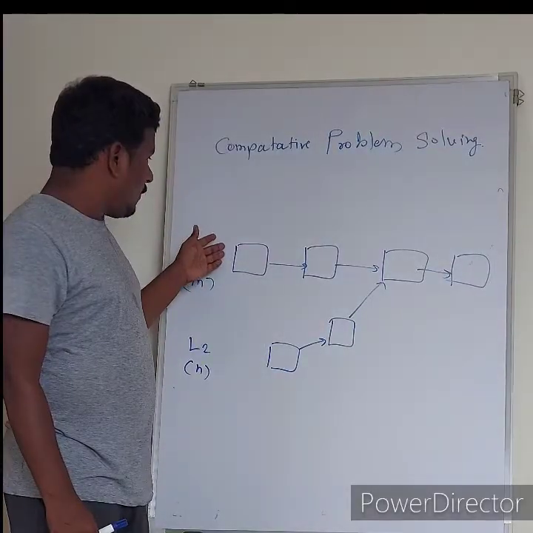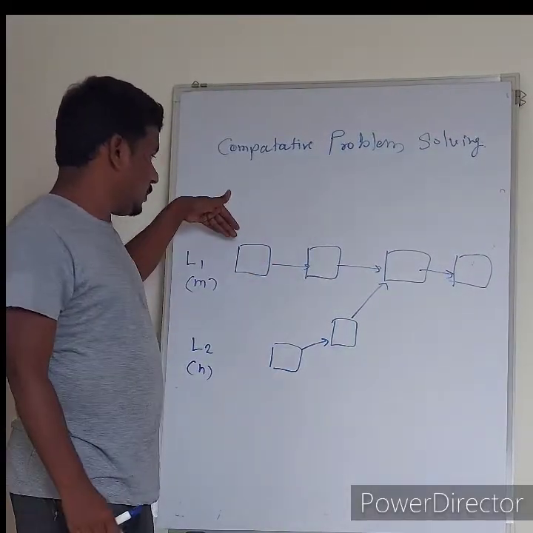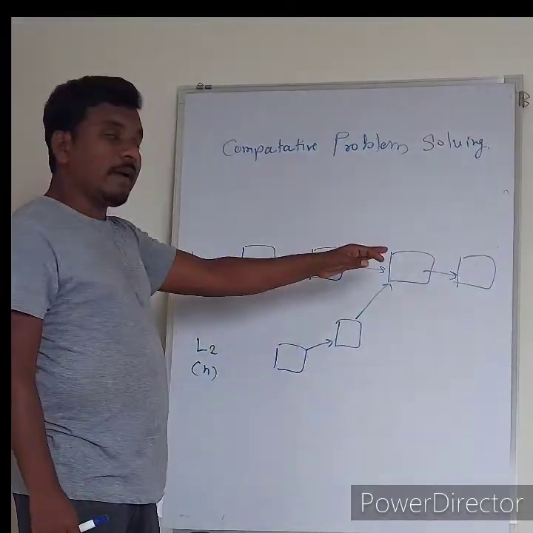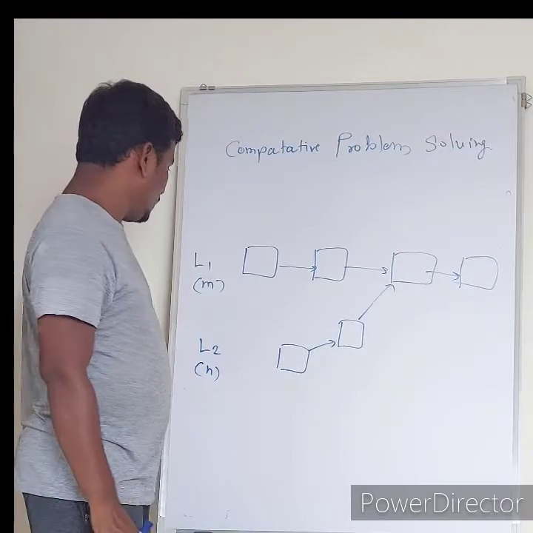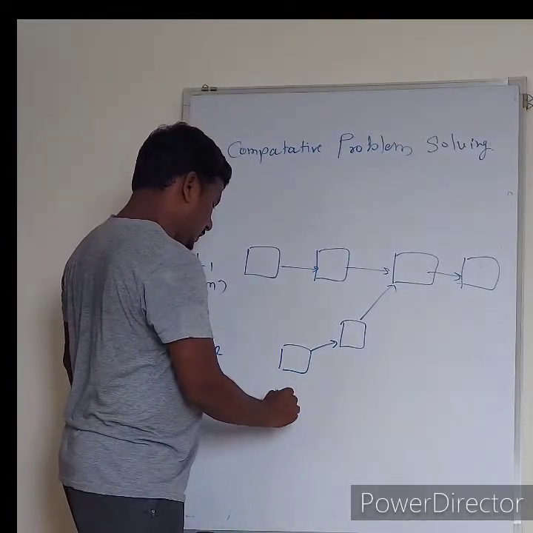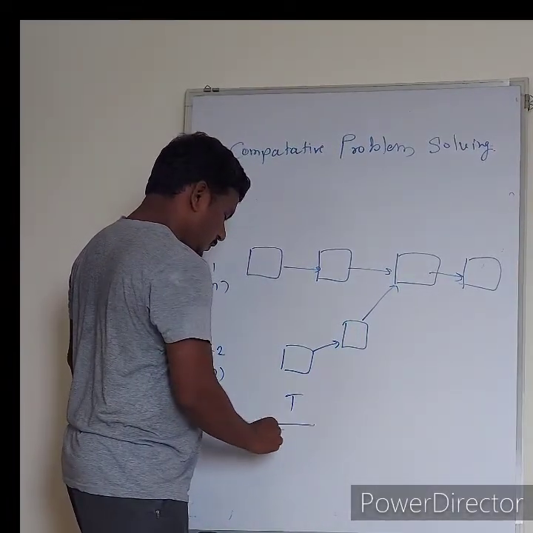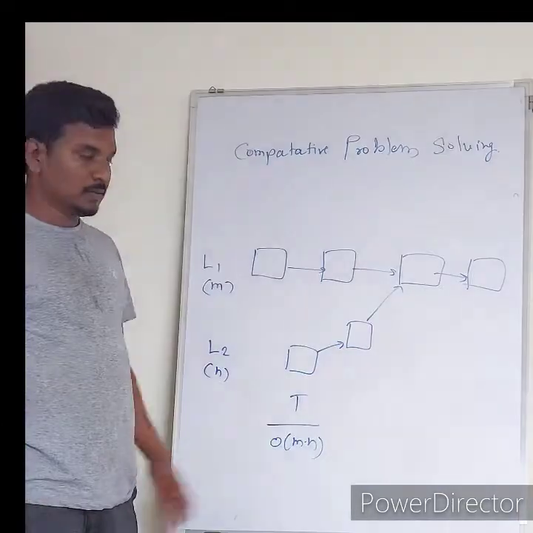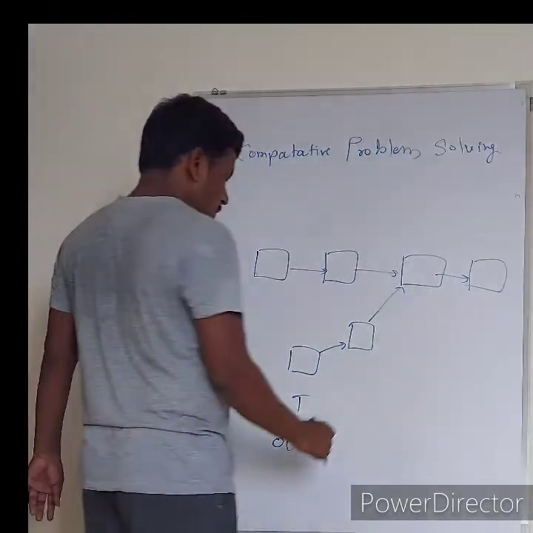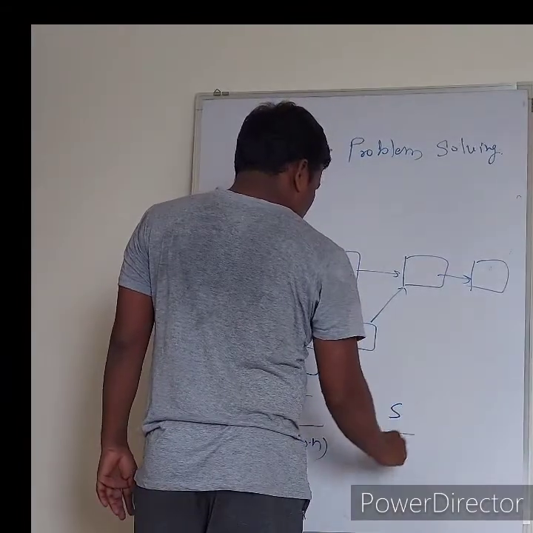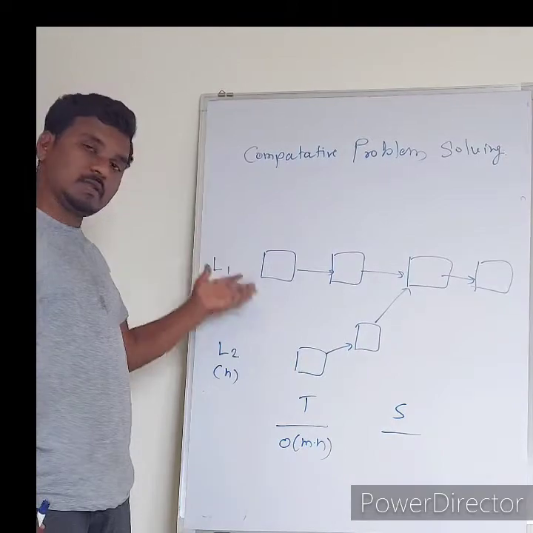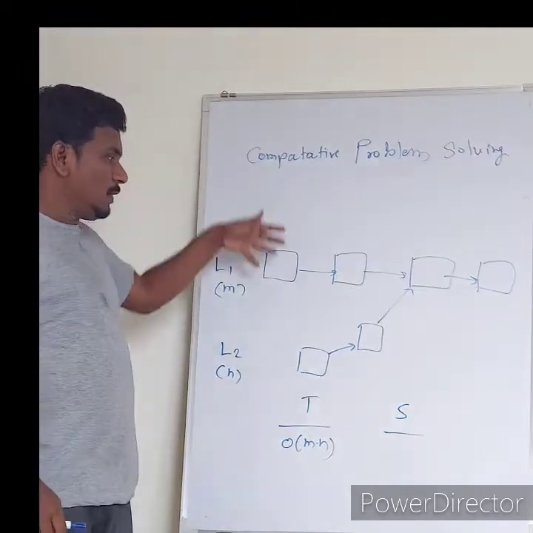For every node of one list, we have to compare it with every node of the other list. So the time complexity for this approach would be m times n. And for the space complexity, we don't need any extra space, we just compare on the input data itself.